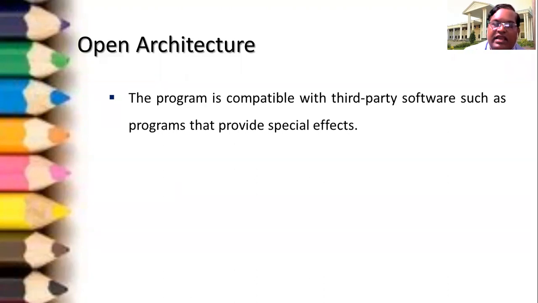You can edit and modify the graphics in any third-party software that provides all these kinds of editing features, and you can apply special effects to the graphics. So these are the different features of graphics programs.